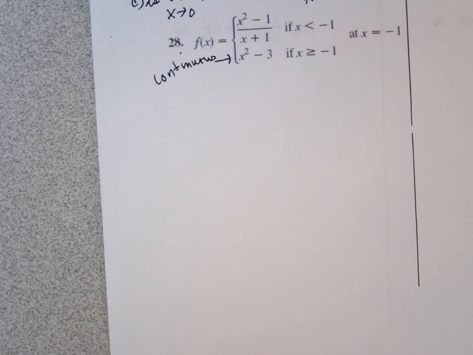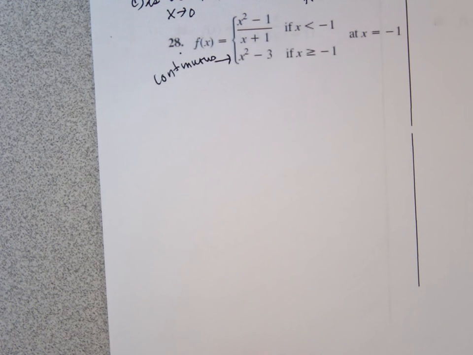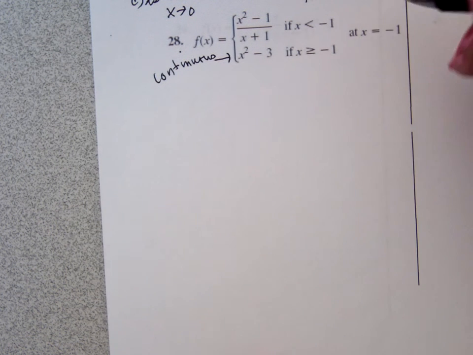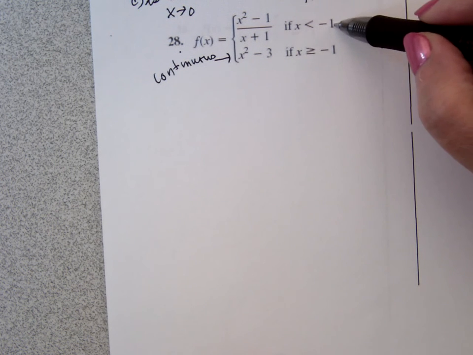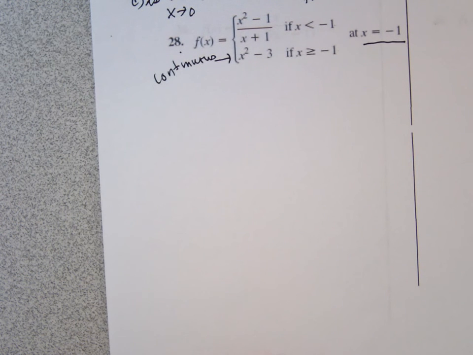And what do I know about x squared minus 1 over x plus 1? It has something happening at x equal negative 1. What's my break point? Negative 1. What's the point I'm interested in? Negative 1.